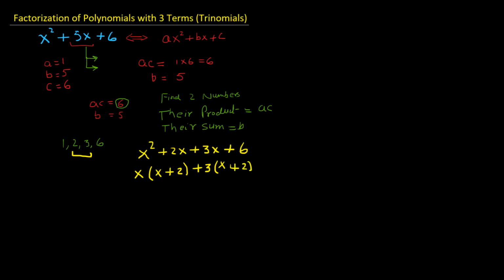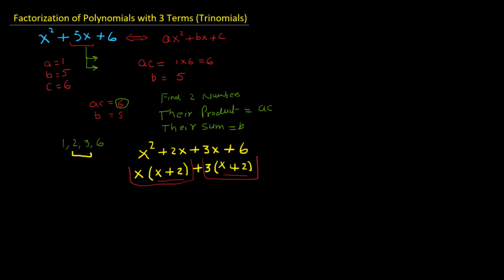Now you can see that this x plus 2, which is a binomial, we can take as common, because this binomial is just acting like a single letter. So this is one term. As I already mentioned, you must be able to identify whether it's one term or not. So one term is this, the other term is this.